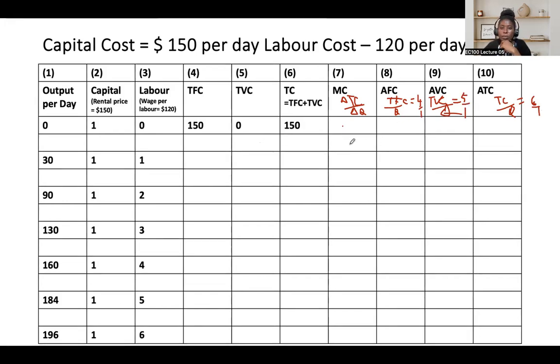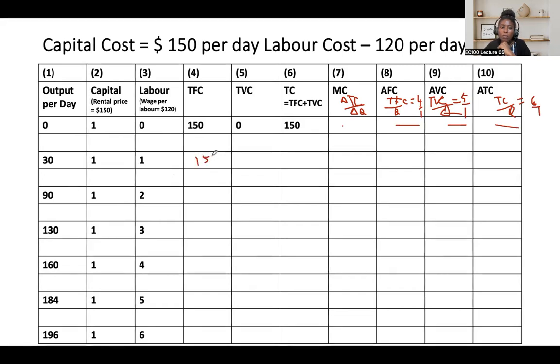All right, because the output at the first row is 0, all these divisions are going to be undefined. Now when it's 1, this brings a good story, right? Total fixed cost, remember, does not change.